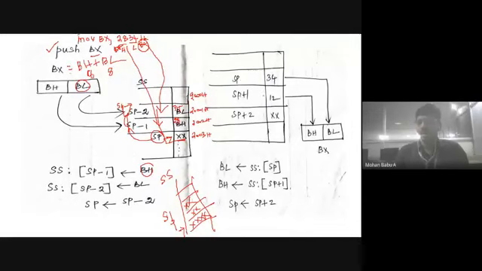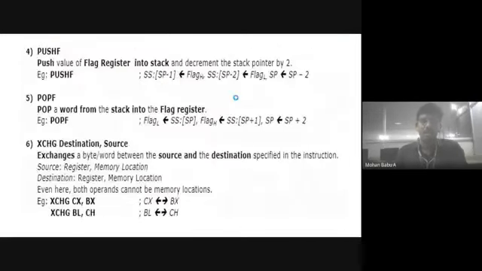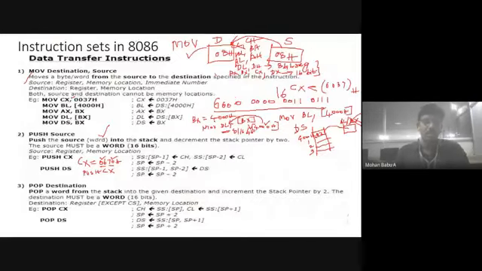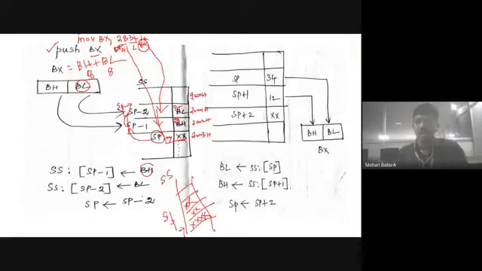Similarly for POP, I will explain what POP is. We are getting the data from the stack to some other register. That is POP. Pop of a word from the stack means it will get the data from the stack segment to some registers. See here, these are all the values stored in the stack segment.